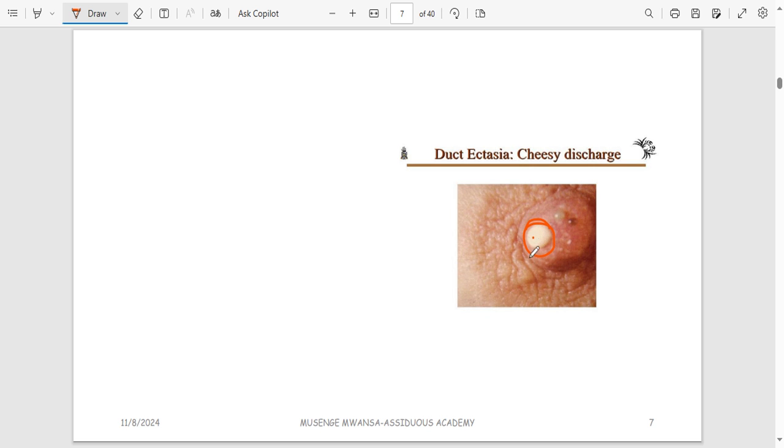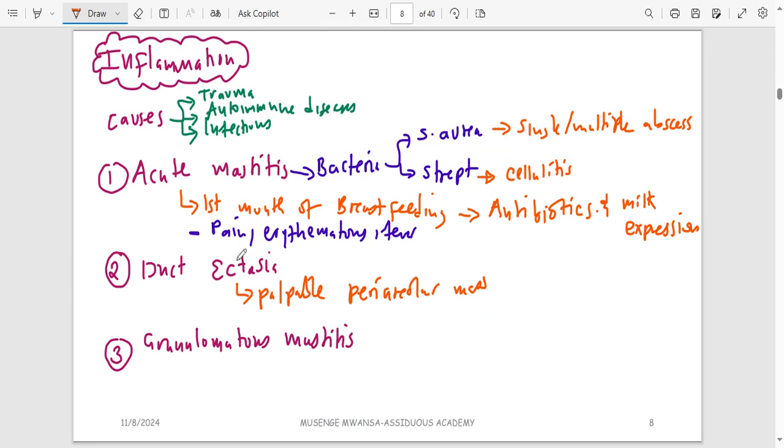So it's a mass that is palpable, and then there's this whitish production that is the ectasia. Okay, basically that. Another thing we can talk about is what is the cause. Anyone that can help, what do we think is the cause of the duct ectasia?